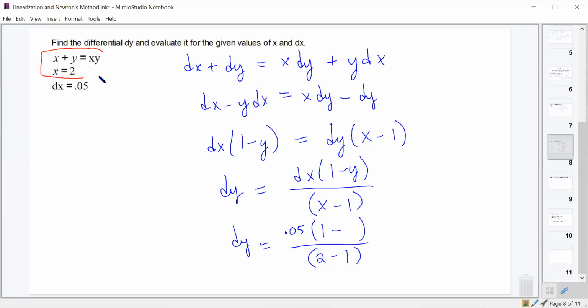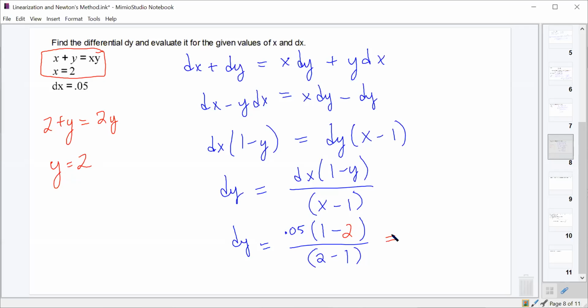So we know that x equals 2, and we know that x plus y equals xy. So if x is 2, then 2 plus y equals 2y. Everybody would hopefully agree with that, just by plugging in x equals 2. And what does y equal? Subtract a y, you get y equals 2. So we'll plug in that 2.